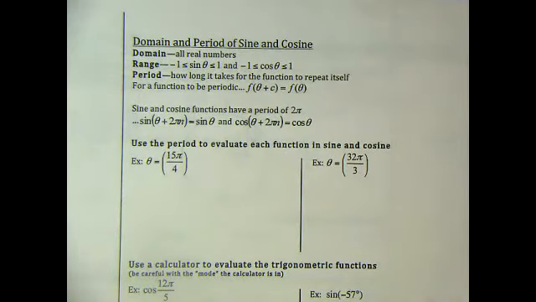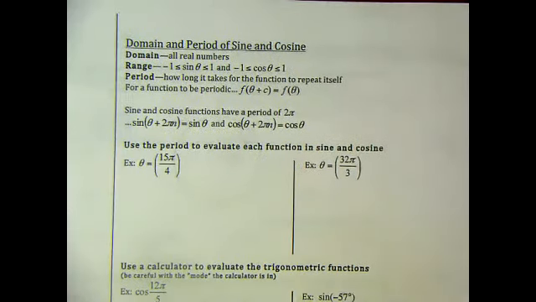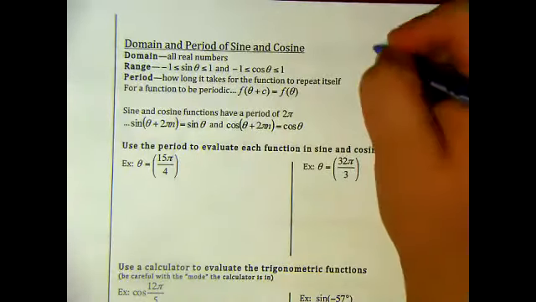That was between 0 and 2 pi, or 0 degrees and 360 degrees, depending on what mode we were in.